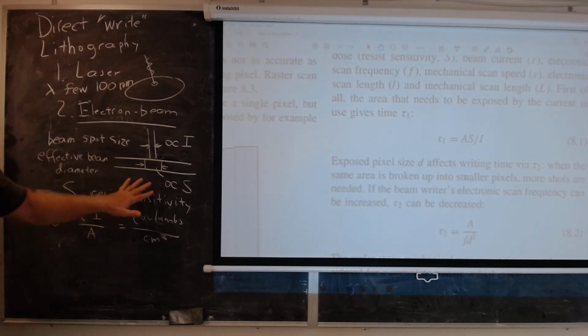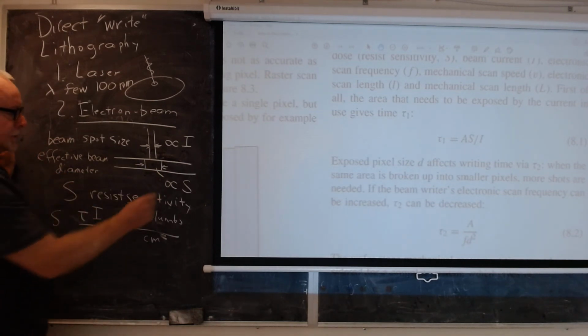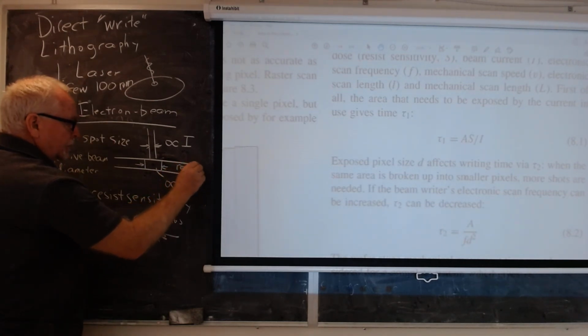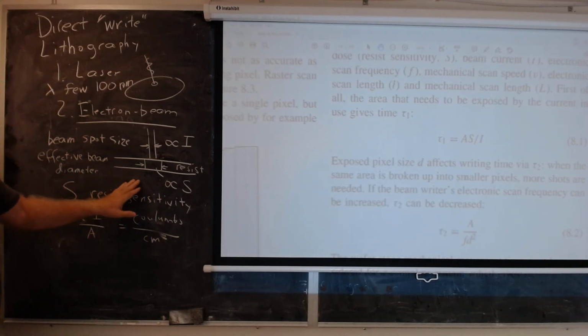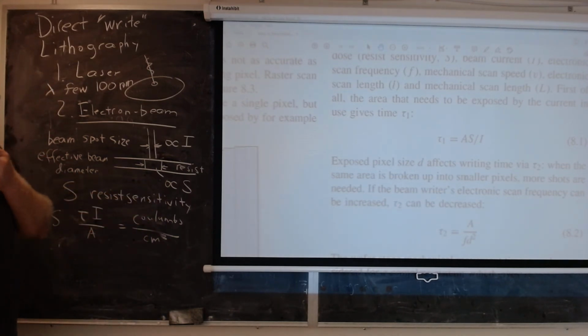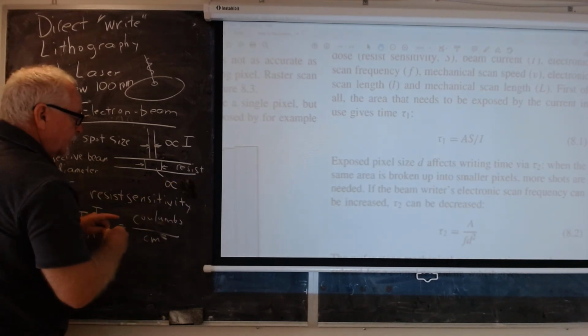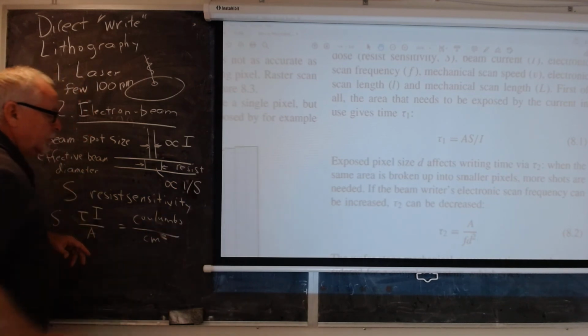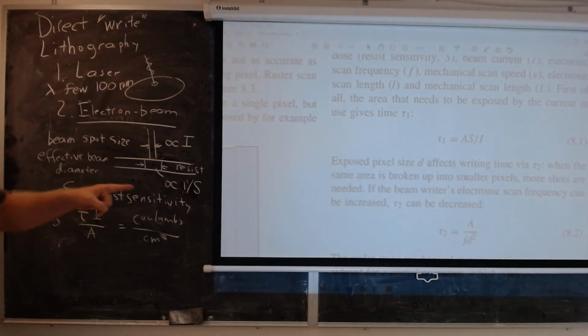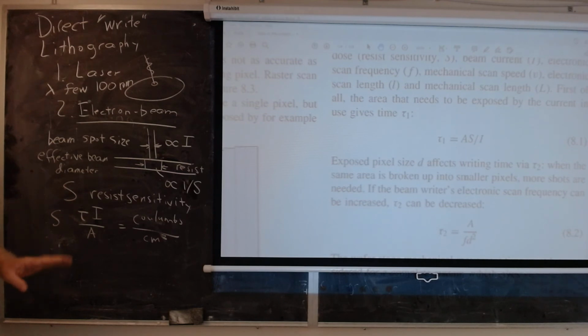And so it's just basically a principle that the effective beam width in the resist is proportional to, it's 1 over the sensitivity, sorry. So getting back to our formula there, tau, which is the one I want you to think about, you can speed up the process by increasing the sensitivity, but then your effective beam diameter gets wider.